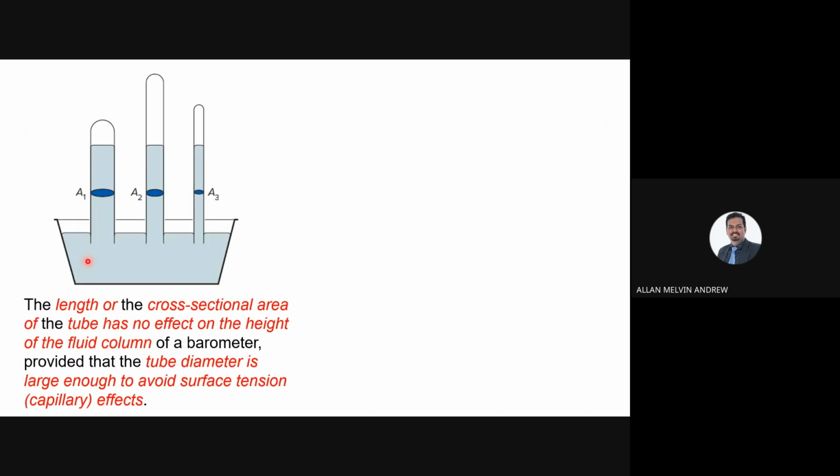The length or the cross sectional area of the tube has no effect on the height of the fluid. The height will usually be the same, unless there is some capillary effect. Capillary effect is something that holds the meniscus, so that it will differ according to the cross sectional area or the length of the tube.